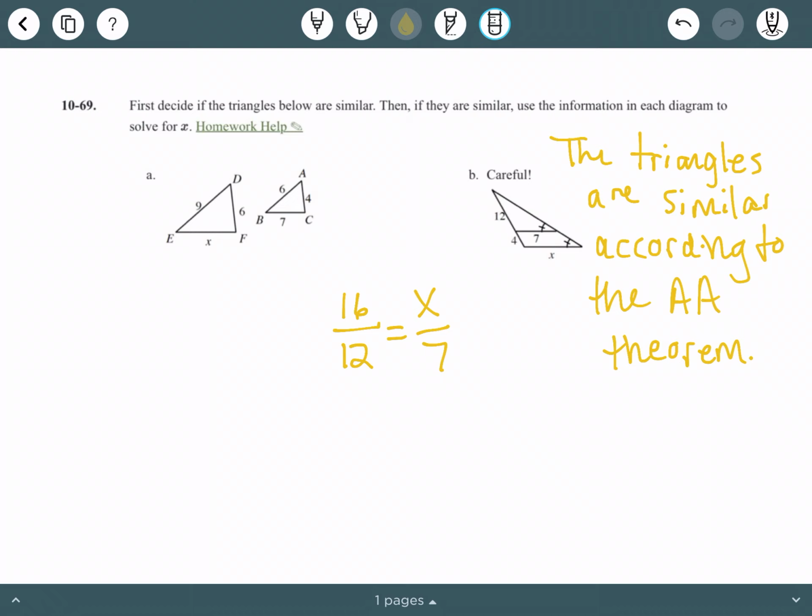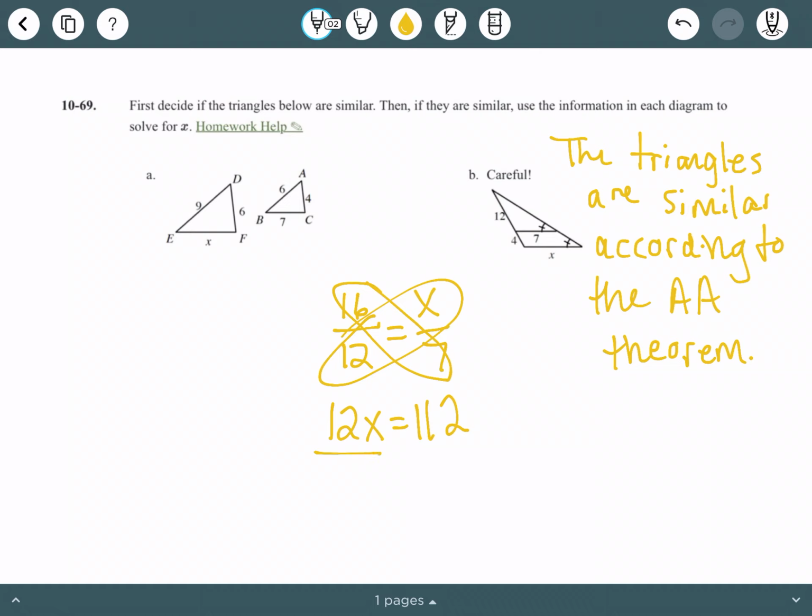We can go ahead and cross multiply. Again, you can use any strategy you want to work through this proportion. I just prefer the cross multiplication. I think it's what's easiest. All right, so 12 times x gives us 12x. Then we'll go ahead and set it equal to 16 times 7, which gives us 112.